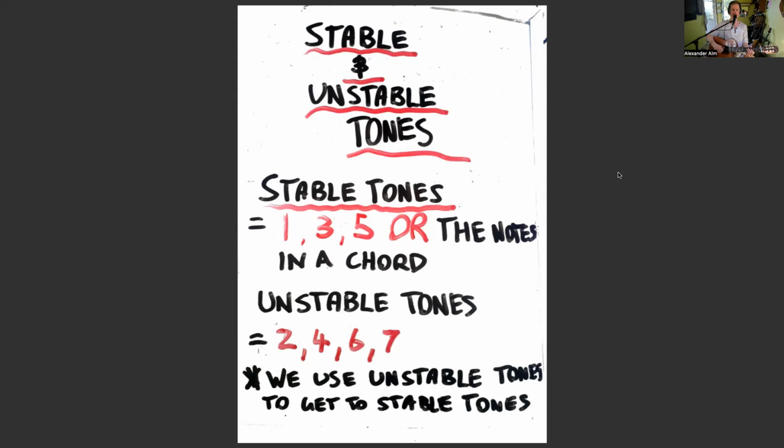If I was to sing a 2, for example, you can hear that if I hang on these unstable tones for too long, it starts to create a lot of tension, right? It really feels like it needs to go somewhere. All right. So I'll incorporate these and I'll show you, okay? I'll start on C, which is the first note of C major.